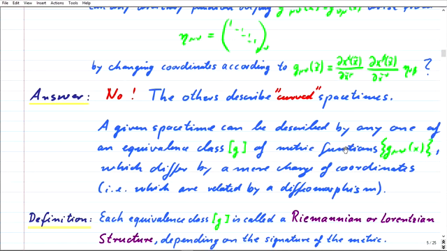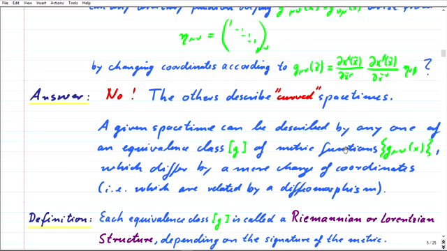What that means is that the set of all g mu nu, matrix-valued metric functions, decomposes into equivalence classes, where we may call two metric functions g mu nu of x equivalent if they differ by a change of coordinates. And so this statement that not all g mu nu of x arise in this way is simply the statement that the equivalence class which contains eta doesn't contain all of the possible metrics.